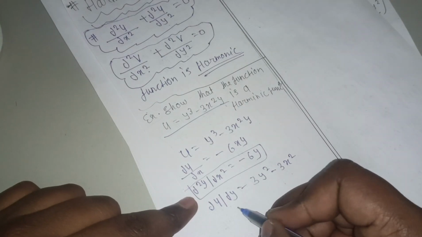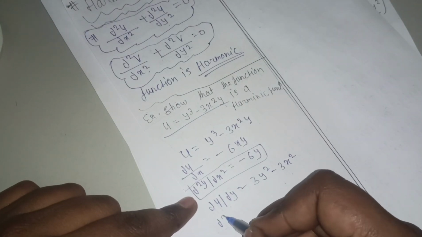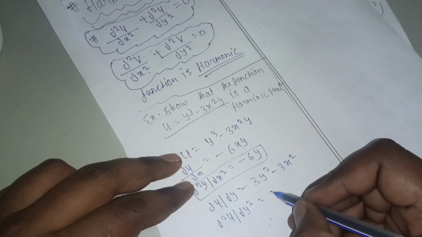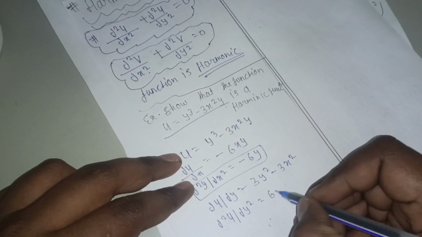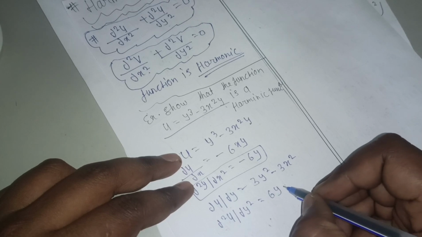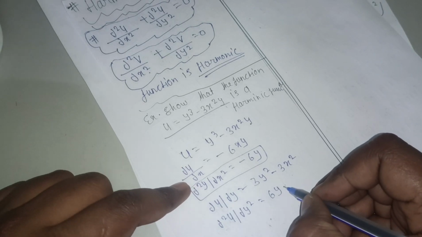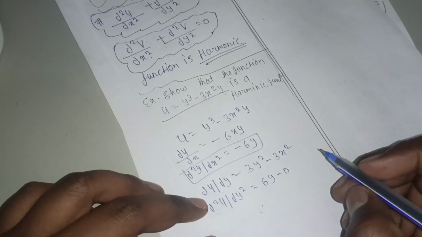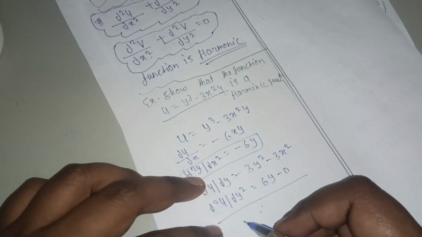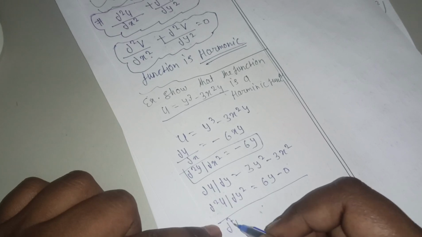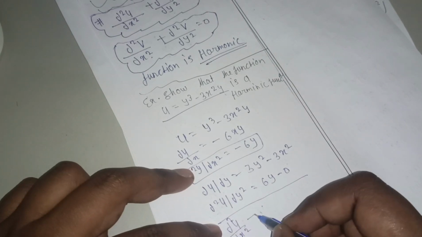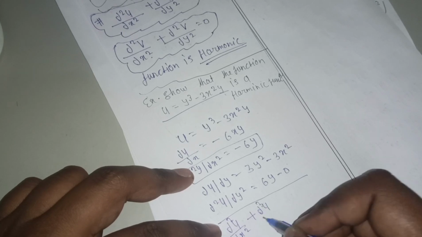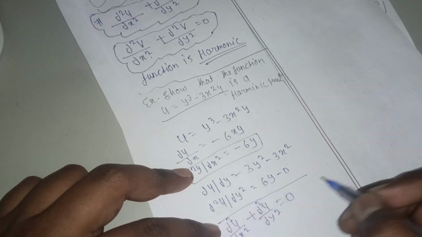And del square u upon del y square is equal to 6y minus 0, 6y. So from here, as we can see, del square u upon del x square plus del square u upon del y square is equal to 0.